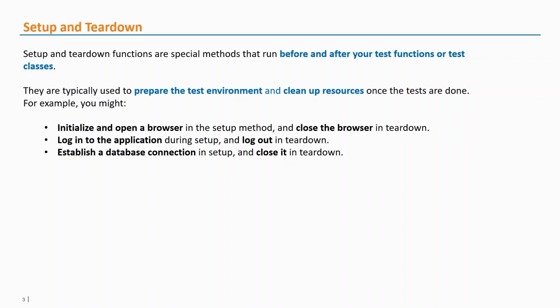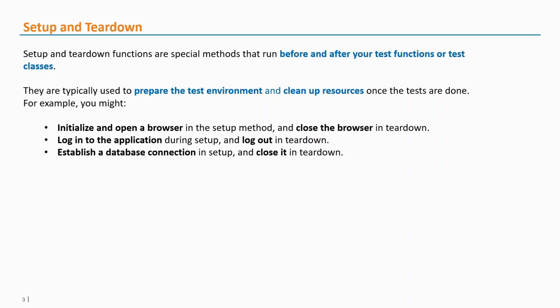A typical example could be initializing and opening a browser during setup and closing it once your tests are completed, or logging into an application before starting your test method and logging out once completed. Similarly, establishing a database connection in the setup and closing it during teardown.